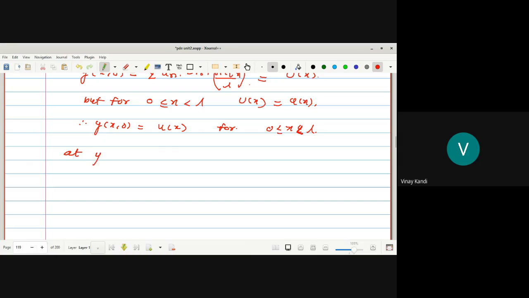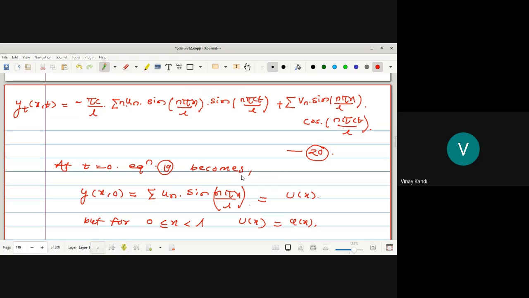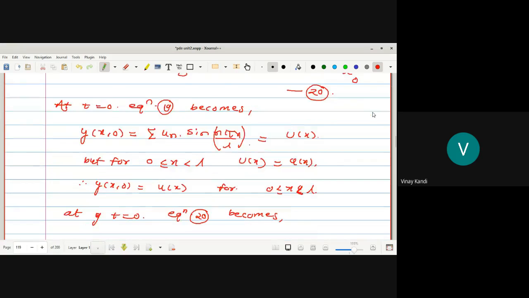Put y t is equal to 0, equation 20 becomes... हा इक्वेशन 20 कसा येईल पहा. तो t इक्वल टू 0 केल्यानंतर sin 0 हा पूर्ण टर्म तुमचा 0 झाला, म्हणजे 0 ठेवल्यानंतर cos 0 1. म्हणजे कुठला टर्म येईल, फक्त हाच टर्म येईल, समेशन vn sin n pi upon l.